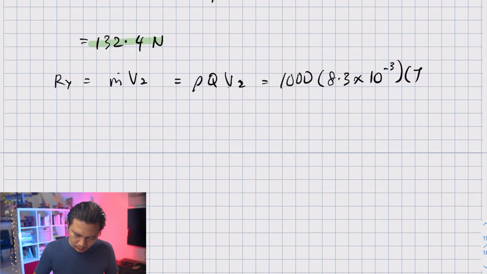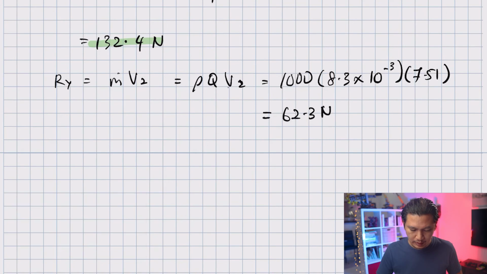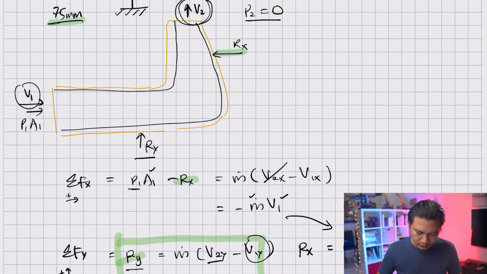This is equal to 1000 times 7.51 times 8.3 times 10 to the power of minus 3. This is equal to 62.3 Newton. And that would be your Ry, or the force on this rod.